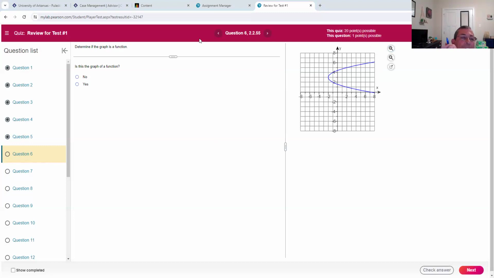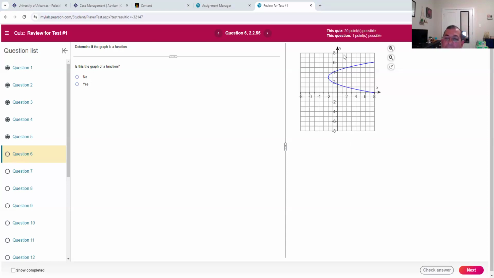To be a function, this graph has to pass the vertical line test. So remember, vertical lines are straight up and down, and the vertical line cannot intersect that graph more than one time.